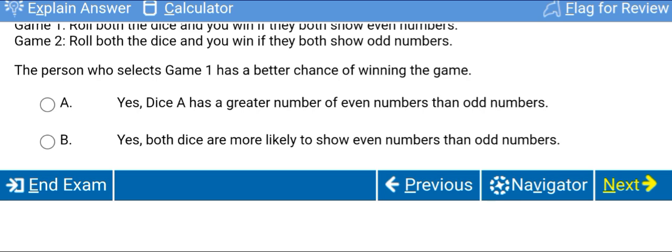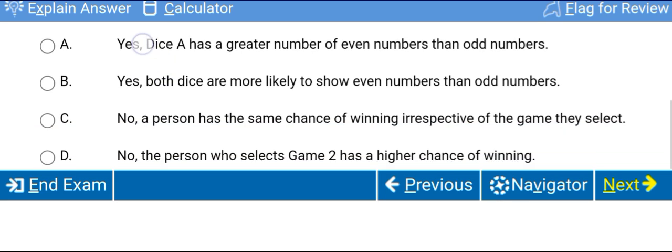Both dice are more likely to show even numbers than odd numbers. Option C, no. A person has the same chance of winning irrespective of the game they select. Option D, no. The person who selects game 2 has a higher chance of winning.